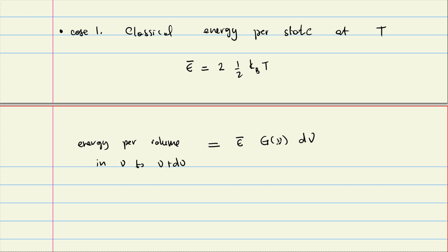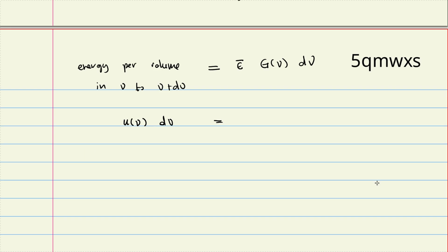Right? That's all we need, nothing else. Then for this side, we used little u of nu d nu for this. So we said energy per volume in nu to nu plus d nu, which is shown by u of nu d nu, is equal to, okay, this E bar is going to be, let me just write all of these things.